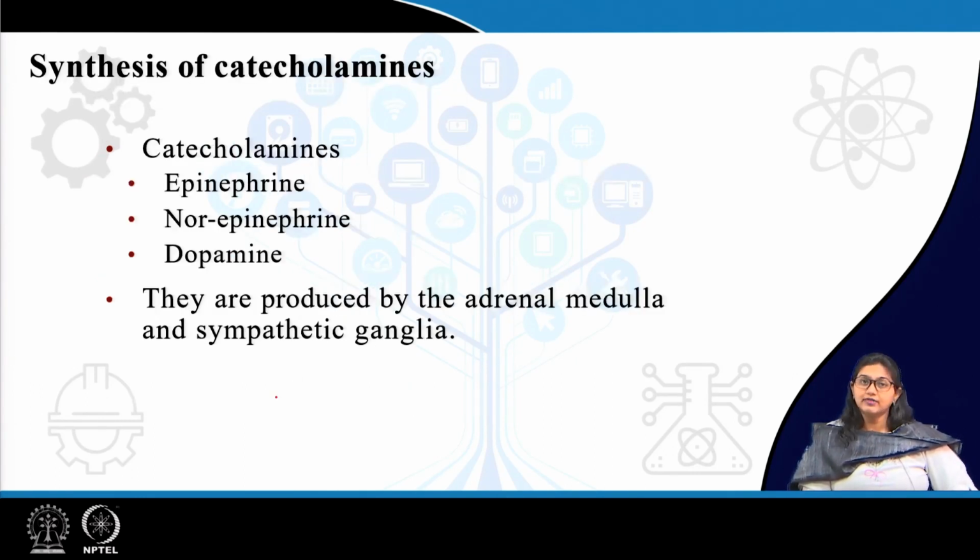Now, catecholamines, as I told you, the most important are epinephrine and norepinephrine. Dopamine is the important neurotransmitter we are aware of. Catecholamines are synthesized in adrenal medulla and sympathetic ganglions. This is the region where catecholamines are synthesized.